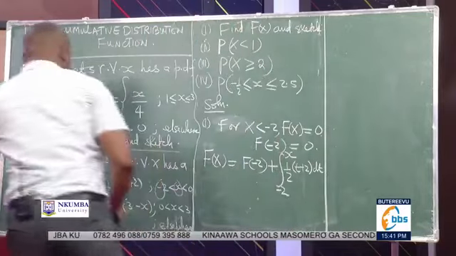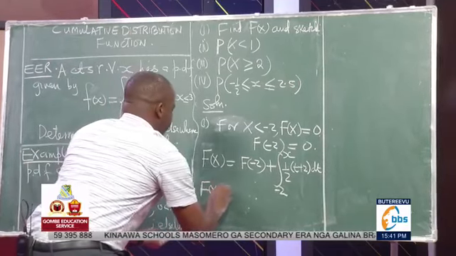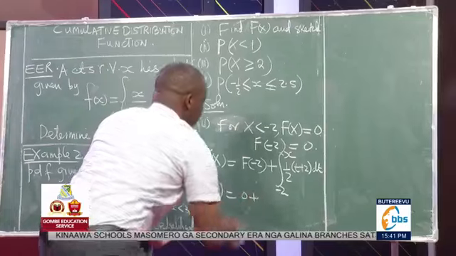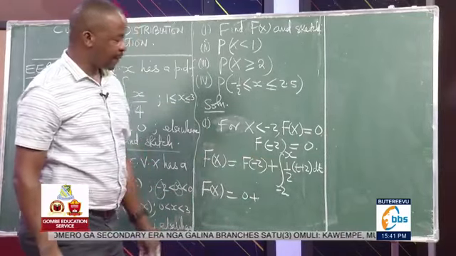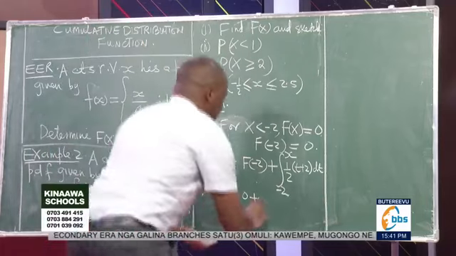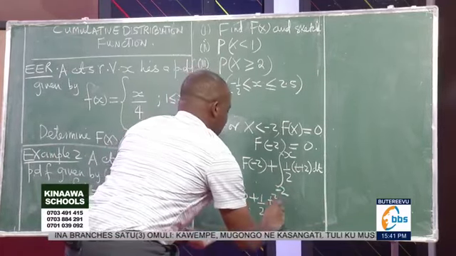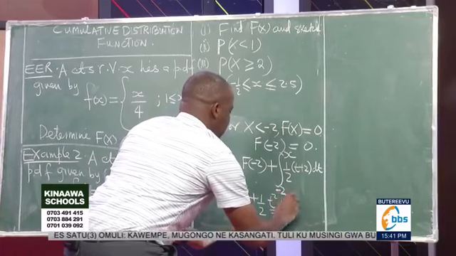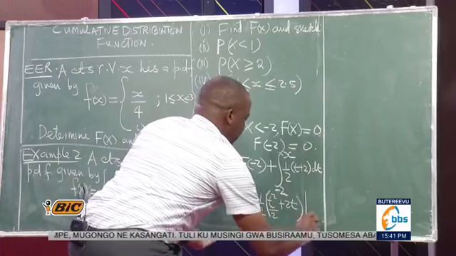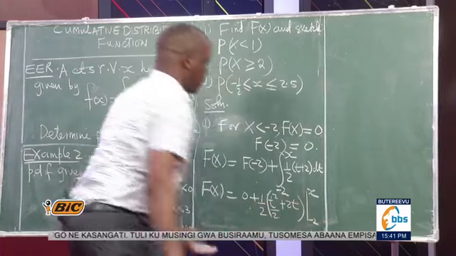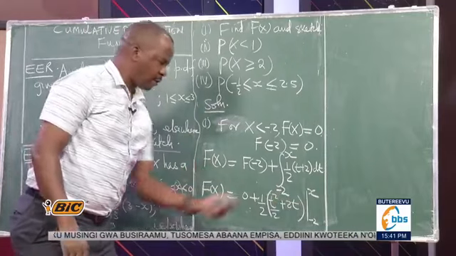So if we feed in our next step, our f of x here will definitely be 0 plus. I will integrate this straight away, and it will give me 1/2 into t squared over 2 plus 2t. Remember, this is subjected to -2 to x. The 1/2 is a multiplier of the whole bracket.